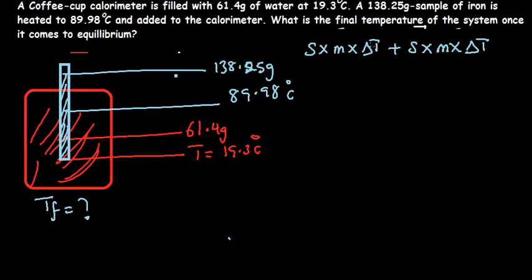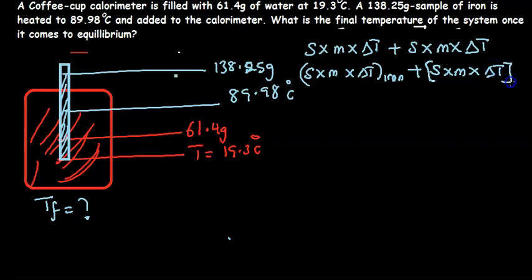Since we are asked to find the final temperature, we subtract the initial temperatures from the final temperature, but at this point the final temperature is unknown, and that is what we are asked to find. So in order to differentiate, we can say S multiplied by M multiplied by delta T for iron, plus S multiplied by M multiplied by delta T for the cup. That is the coffee cup calorimeter.